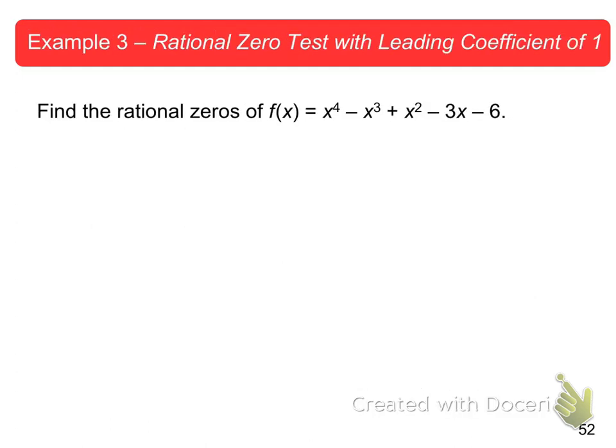So here we've got x to the fourth minus x to the third plus x squared minus 3x minus 6. This is a polynomial that we cannot factor. We cannot factor using the AX method.